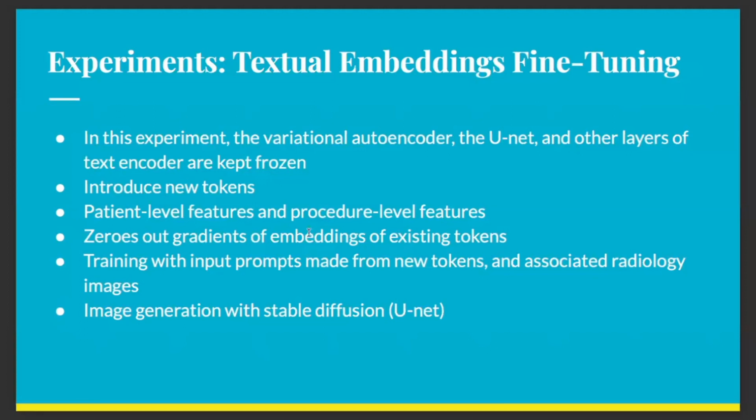The Stable Diffusion model was trained with input prompts from these new tokens, and images were generated based on captions from these new tokens. And then these images were compared to other images using the Frechet metric mentioned earlier.